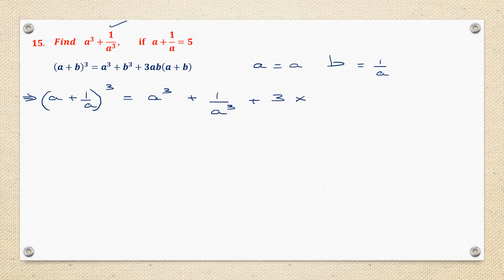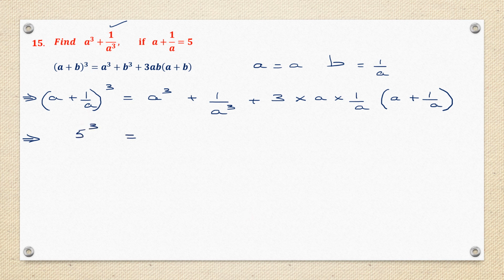That means 3 into a into b, and b is 1 by a, and in brackets a plus b, which is 1 by a. So let's go through this carefully. So this is a plus 1 by a, the whole cube. So what is a plus 1 by a? It's given to us already in the question as 5. So here we can write 5 cube.